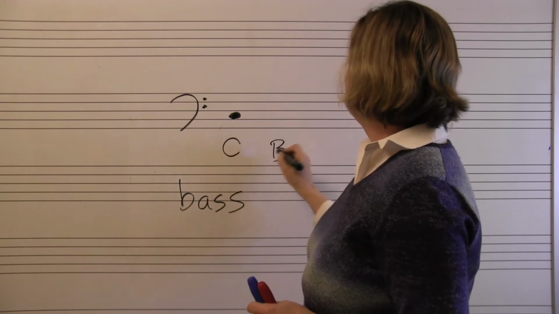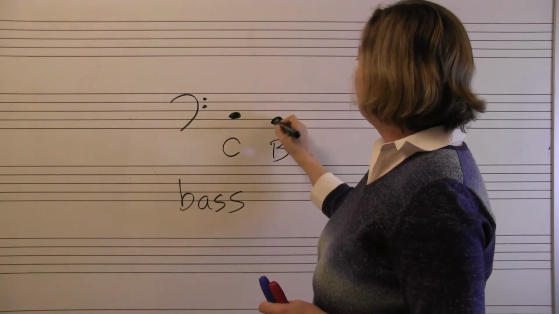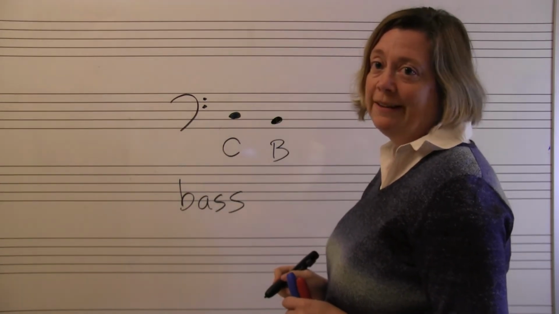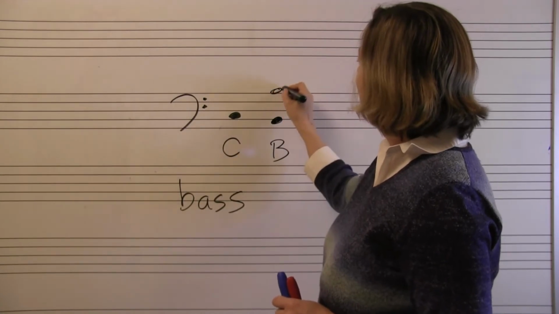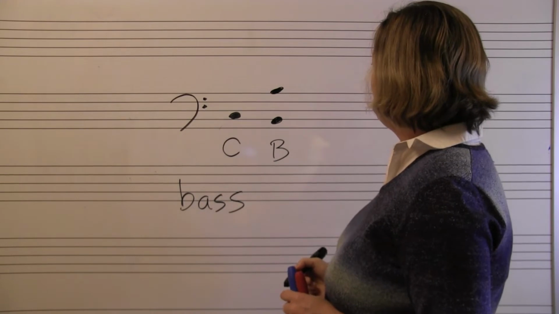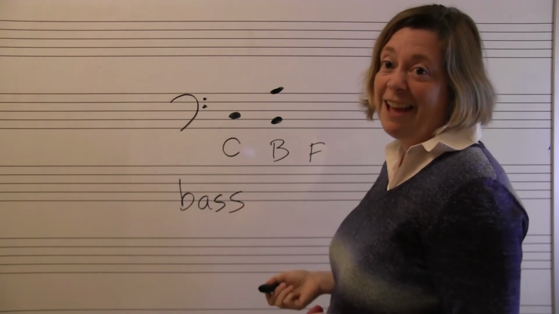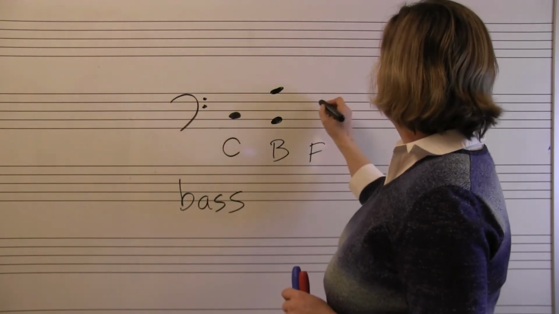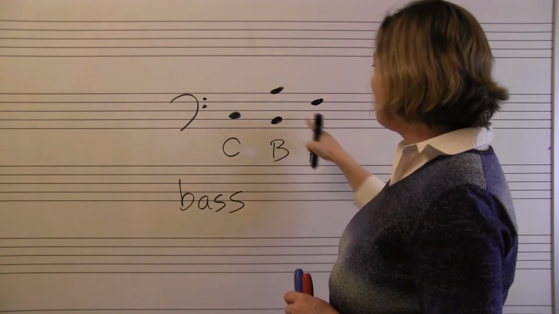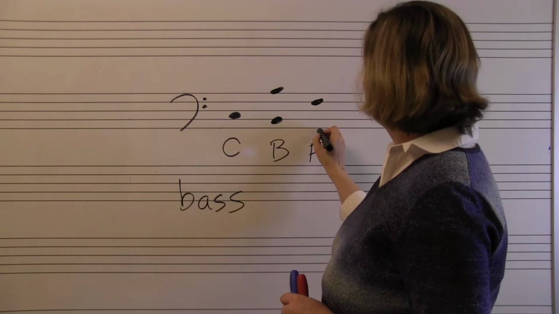Well, goodness, there's obviously, if this is a C, the one right below it must end up being a B. There's another B that's easy to write, and just above the staff, right there, in the space above the staff. Okay. How about F? F. Well, this is the F clef, so hey, just trace that one over. Or if I count all the way down, here, this bottom line is G. That means the one below it is F.